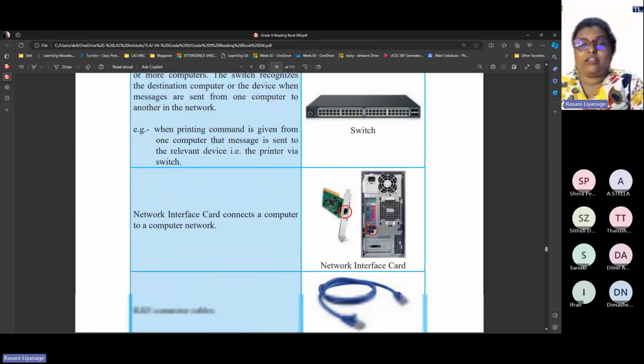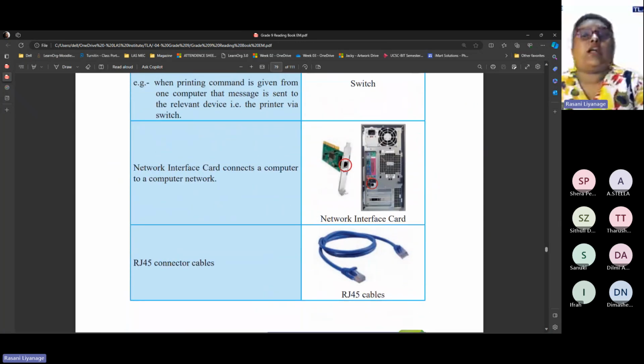Now, network interface card is usually by default there's no separate card. Instead the circuit on the card is inbuilt. But if you want a separate or additional network port, then obviously you have to go for a network interface card.